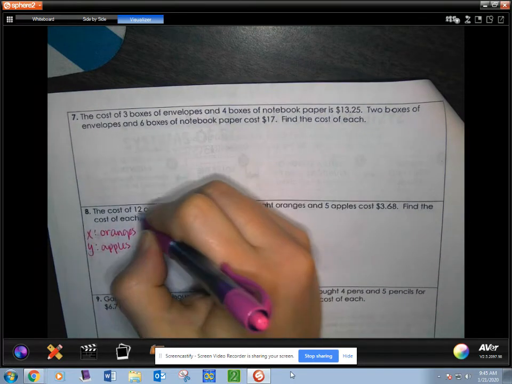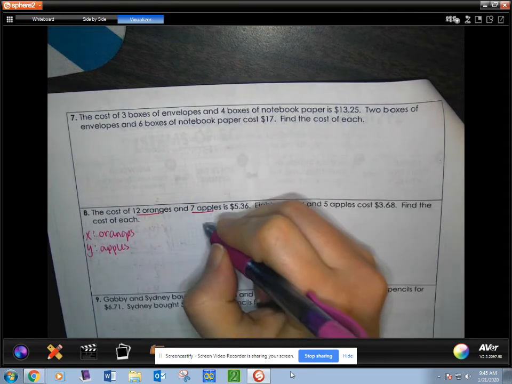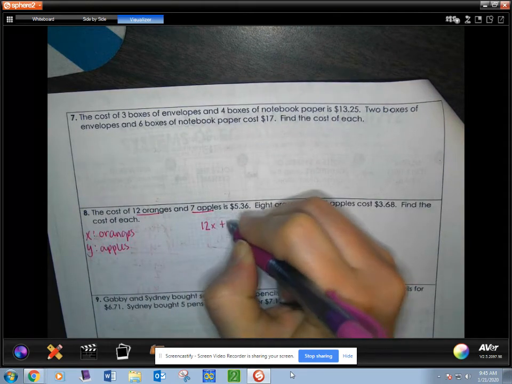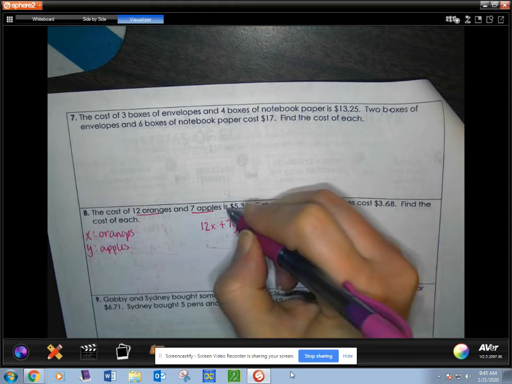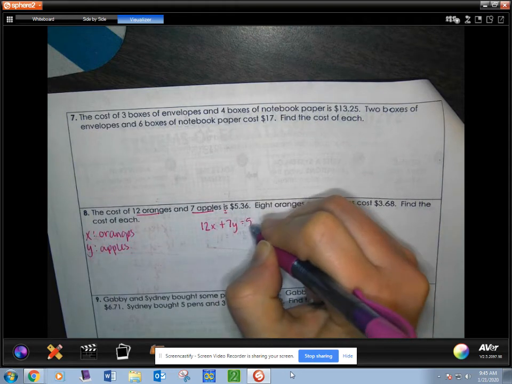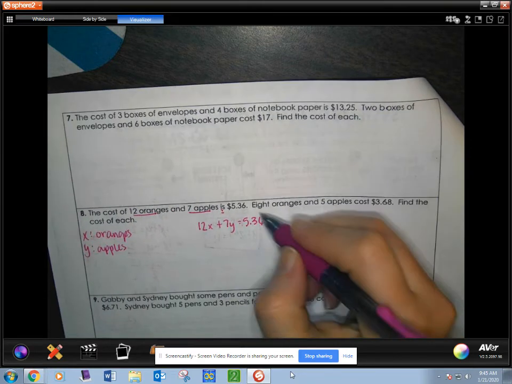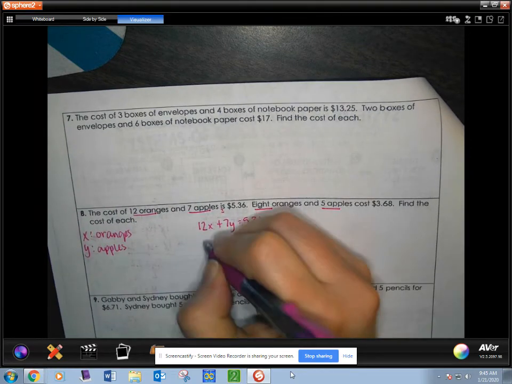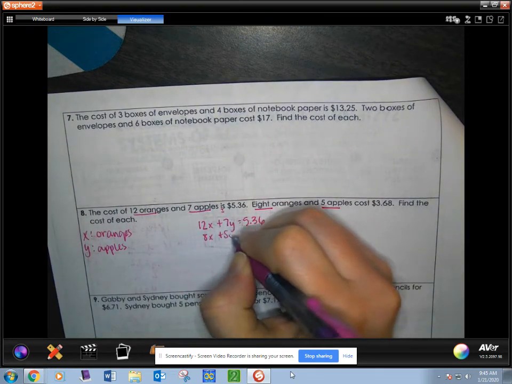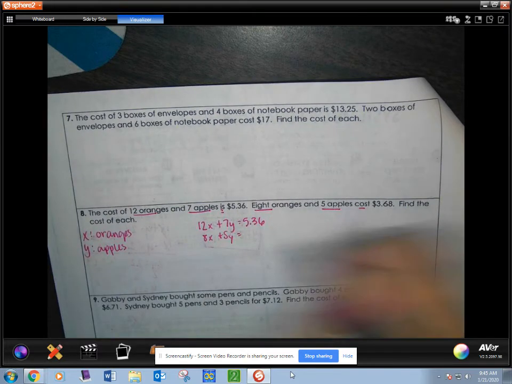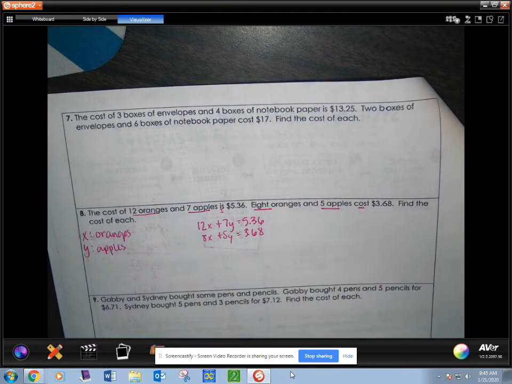I have 12 oranges with 7 apples. So I put 12x plus 7y, and is means equals, and it's 5.36. Then from here, I have 8 oranges and 5 apples, so 8x plus 5y, and it costs $3.68.